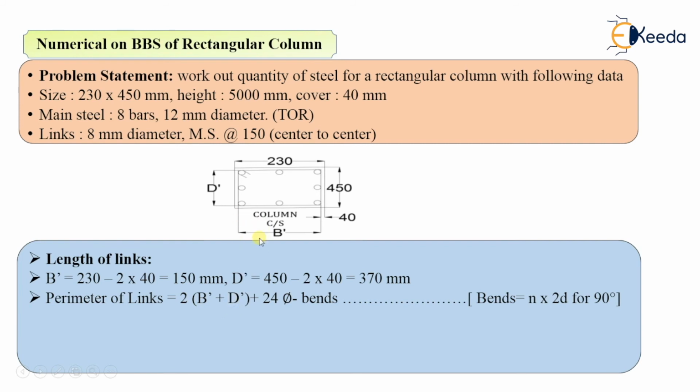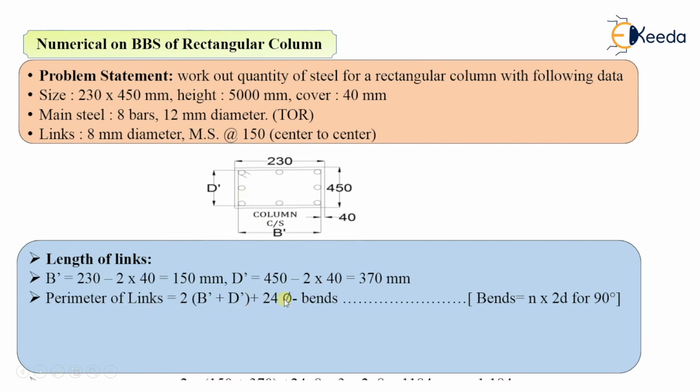Why have I taken 2 times? It is B dash, this length plus this length. Similarly, D dash is this length plus this length. That's why I have taken 2 times B dash plus D dash, plus 24 phi. How 24 phi? This anchor length, or you can say this hook length. Hook length will be 24 phi, this and this, and minus bends. There are 3 90-degree bends, this and this. So that is the formula.